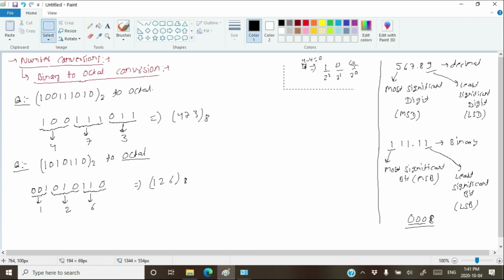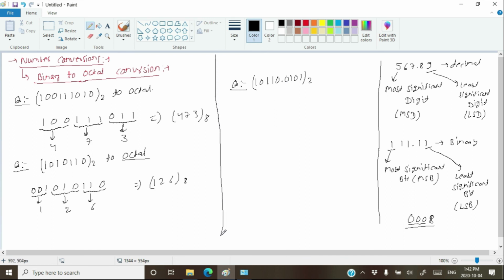Let's see one more example of binary to octal conversion, and that one is 10110.0101 in binary. How will you convert this number to octal?